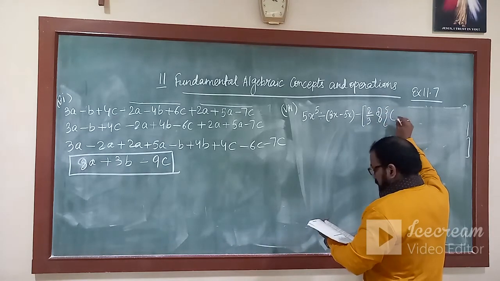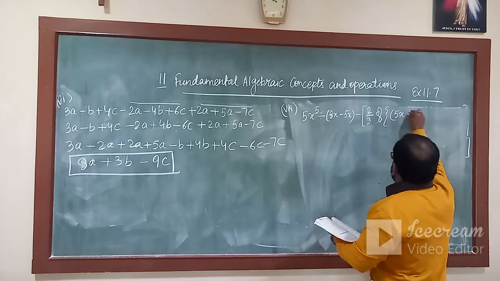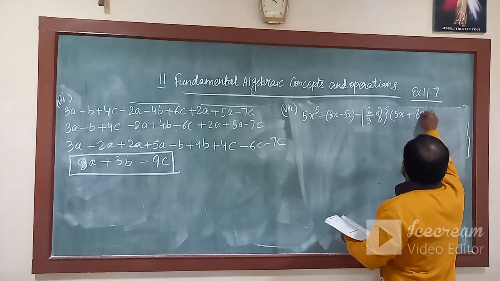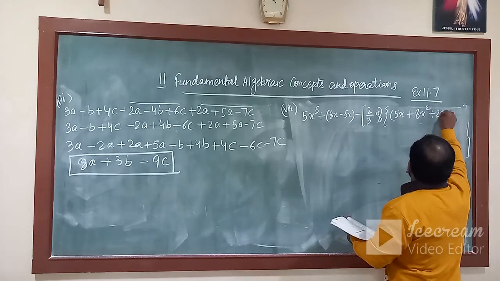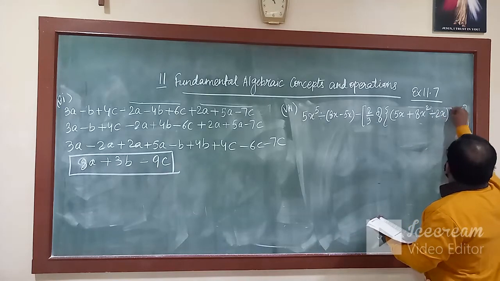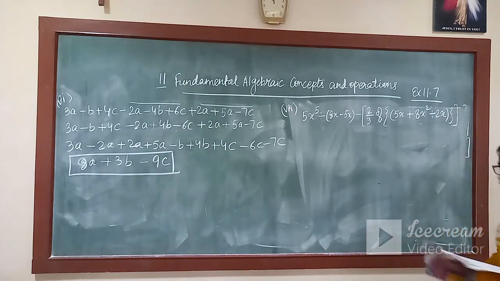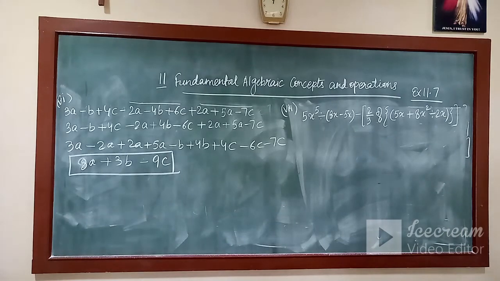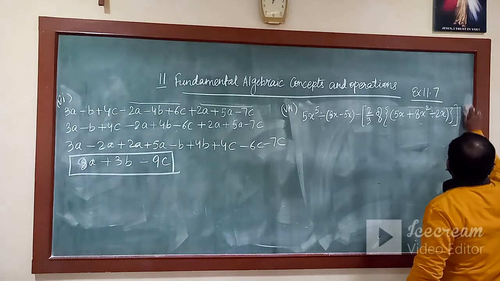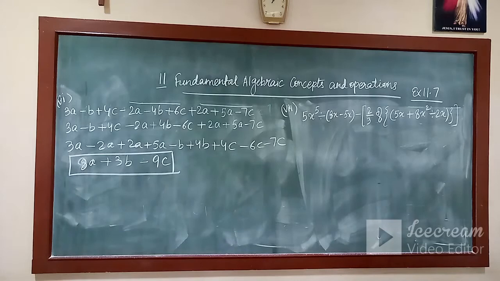Then it is 5x plus 8x square divided by 2x. Then these are the three brackets. So now see, this expression contains one of also now.